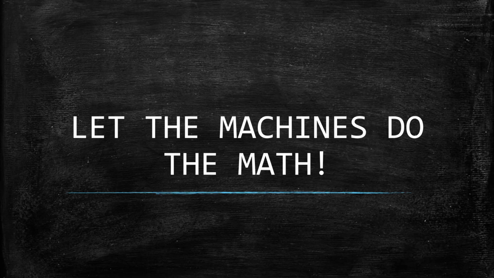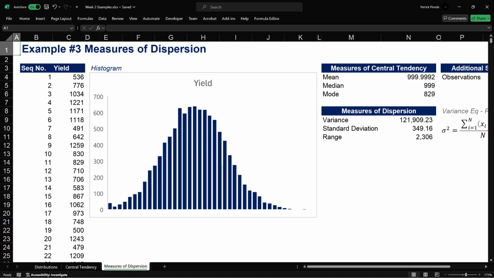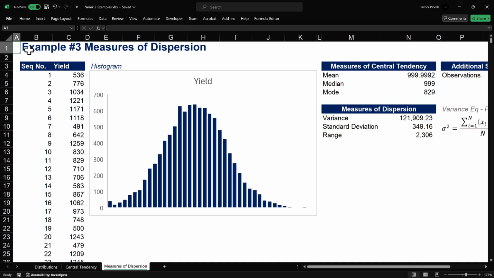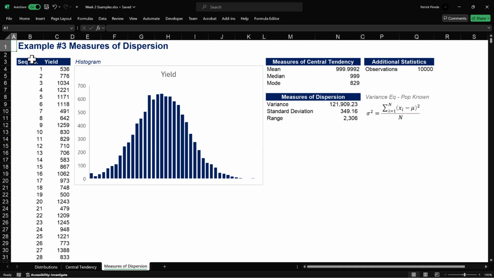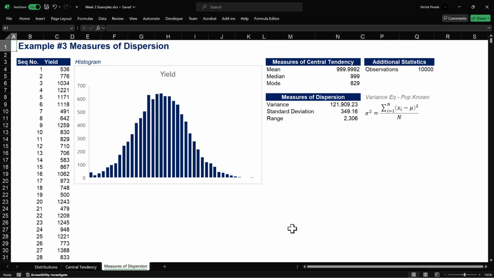So let us visit another example here. If you've been watching, this example looks very similar, except it's been built upon. Let me zoom out a little bit here. We did the histogram to uncover the distribution of the dataset, where we are dealing with a sequence of yields.